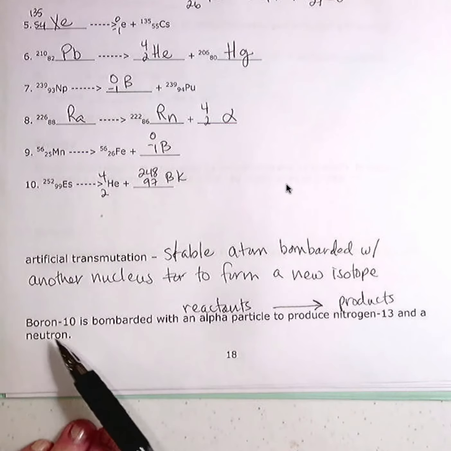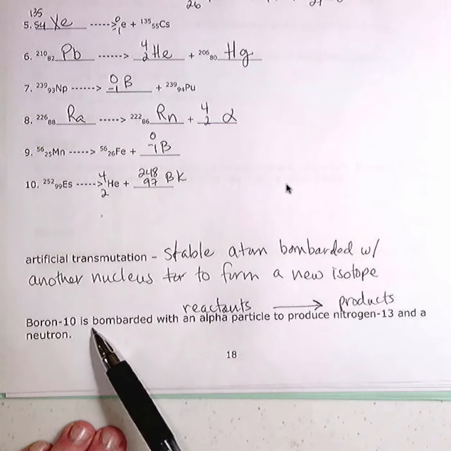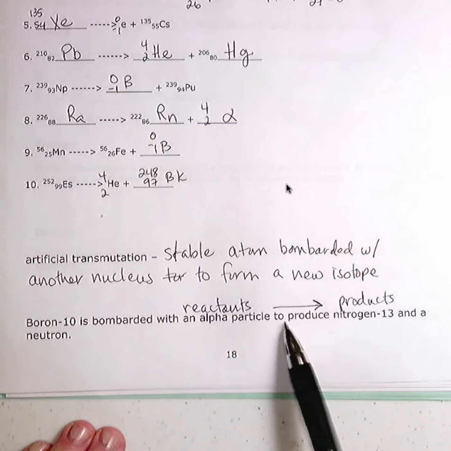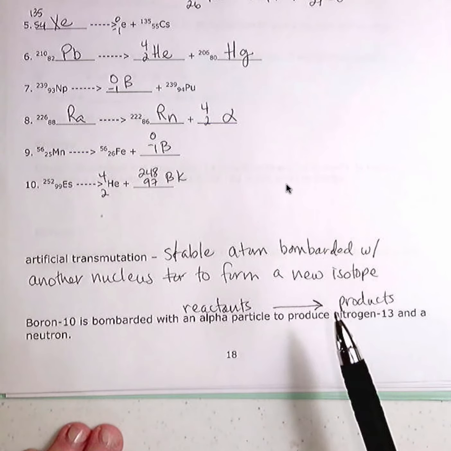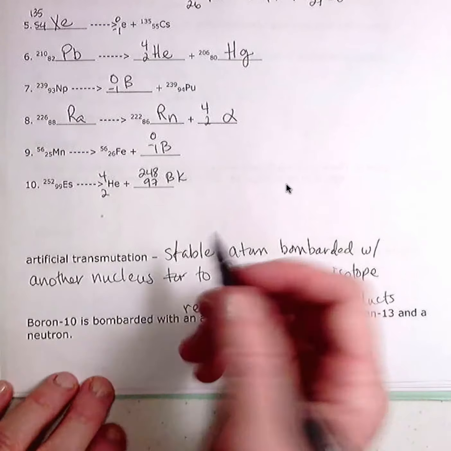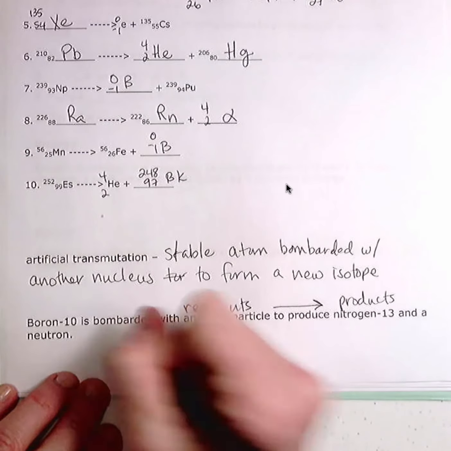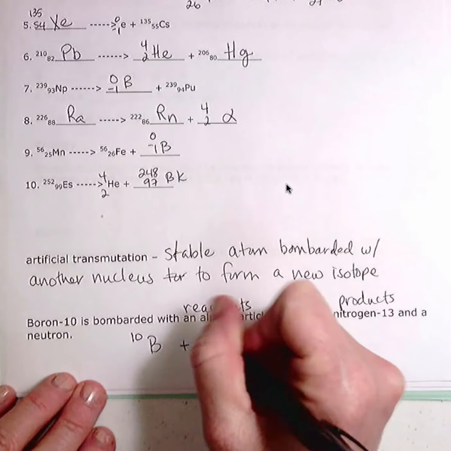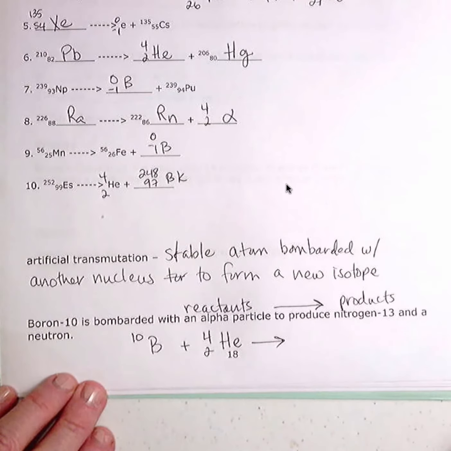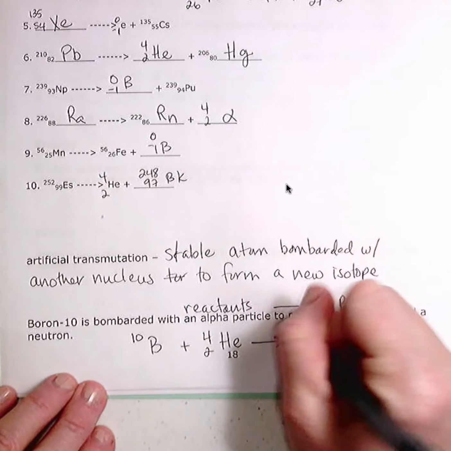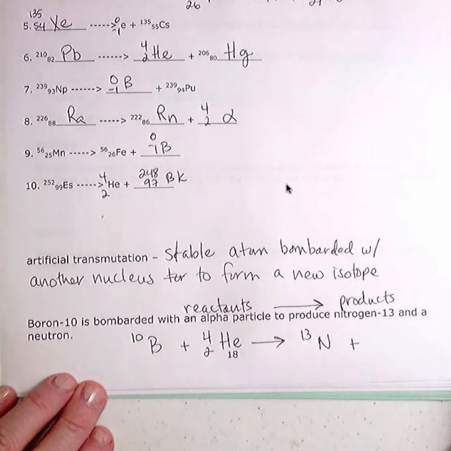In the sentence, boron-10 is bombarded with an alpha particle to produce nitrogen-13 and a neutron, there's enough information to fill in this equation. Boron-10 is bombarded with an alpha particle to produce, that's the arrow, nitrogen-13 and a neutron.